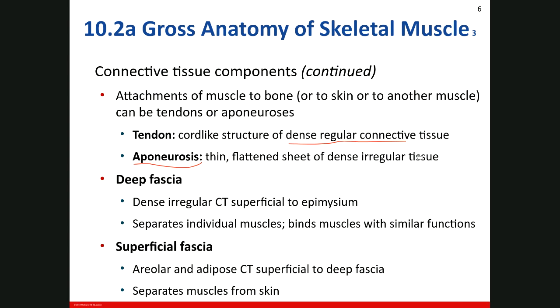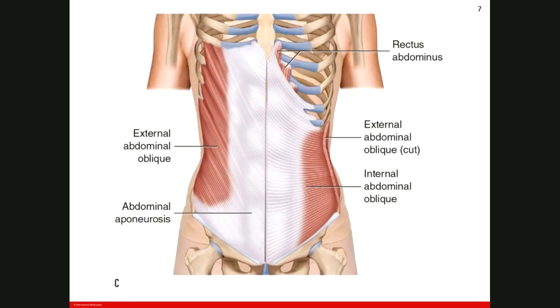And you can see the aponeurosis here. We call it abdominal aponeurosis. The aponeurosis connects the external abdominal oblique to the line which we have in the center, or in the midline, of our body.